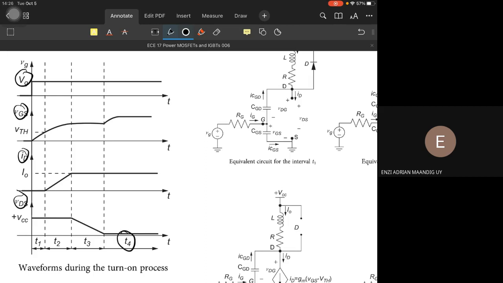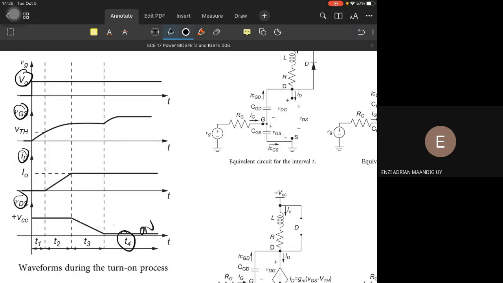T4 is when our transistor is on. How do we know? VDS is 0 and ID is high.